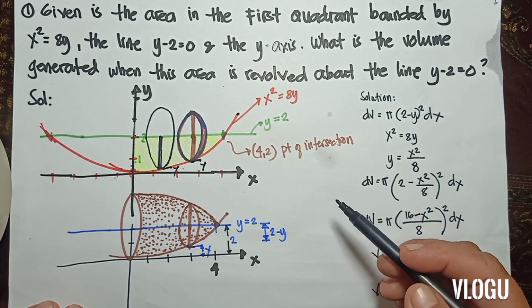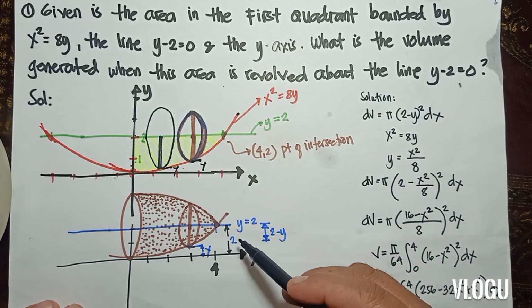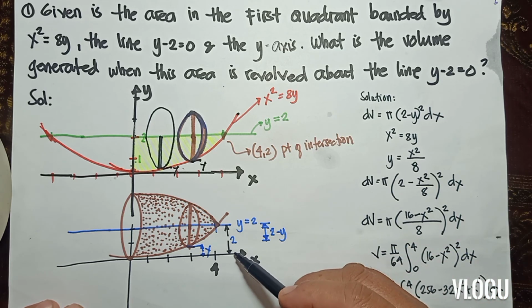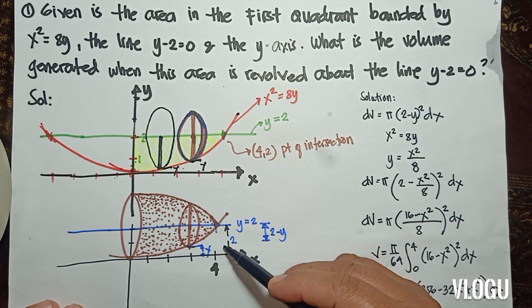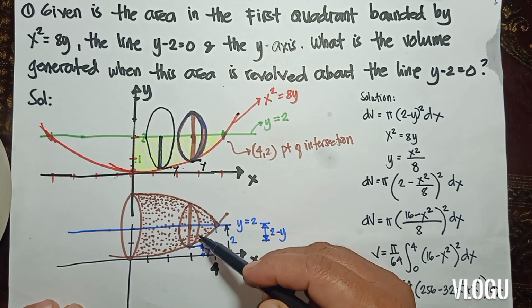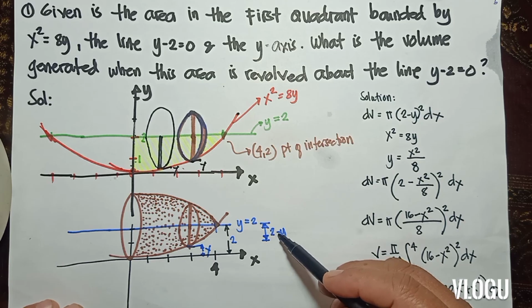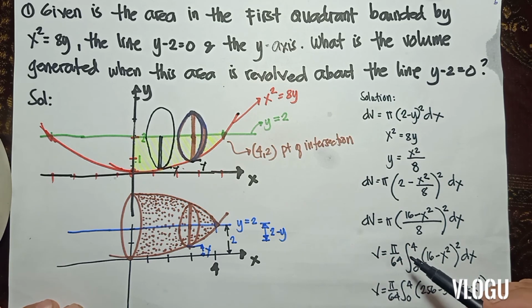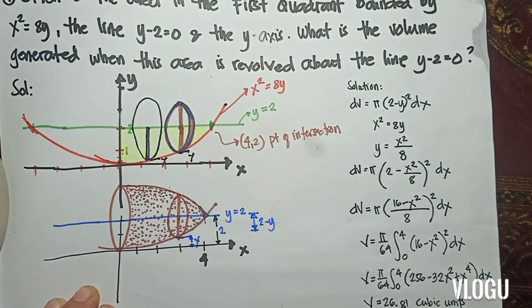So, that's the reason the radius of the disc being formed at any vertical strip is equal to 2 minus y. So, therefore, what formula are we going to use?